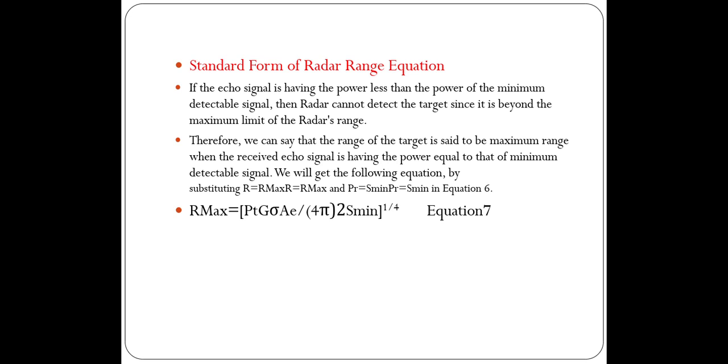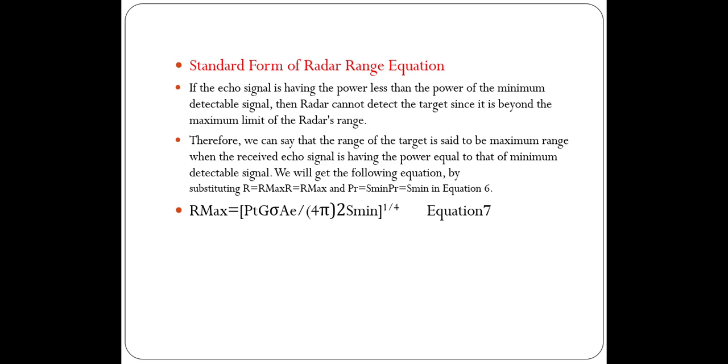Now the standard form of radar equation can be written as follows. If the echo signal has power less than the power of the minimum detectable signal, then the radar cannot detect the target since it is beyond the maximum limit of the radar's range. Therefore, we can say that the range of the target is said to be the maximum range when the received echo signal has power equal to that of the minimum detectable signal.